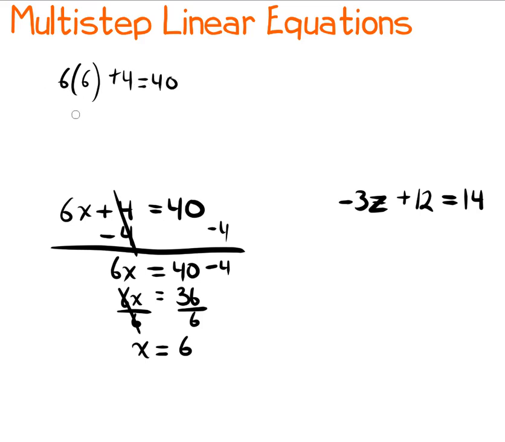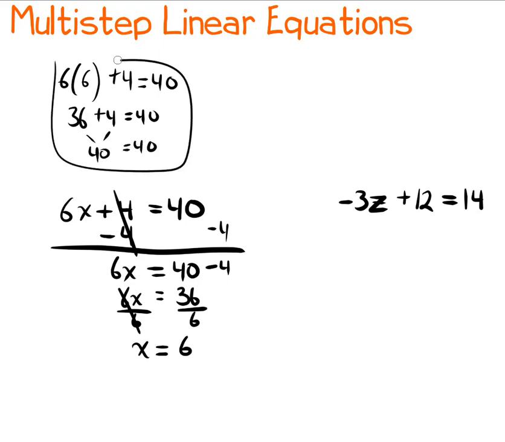And I should get 6 times 6 is 36, plus 4 is equal to 40. 36 plus 4 is 40 is equal to 40. And so what that tells me is my check worked, right? I checked it, and it worked. That's my check. So my correct answer is x equals 6. And here's all my work to show it right here.